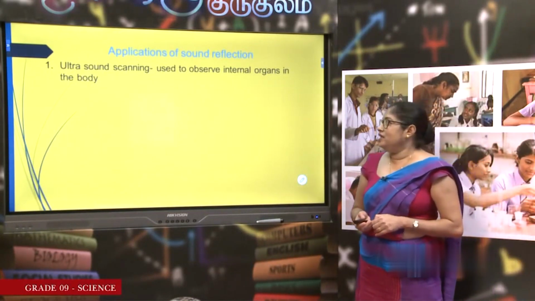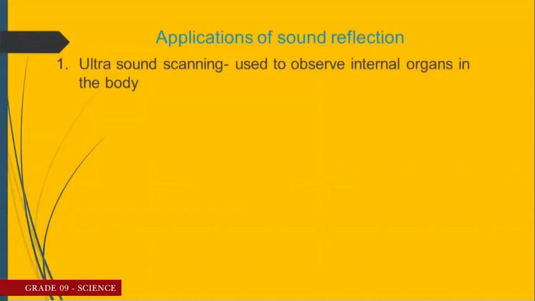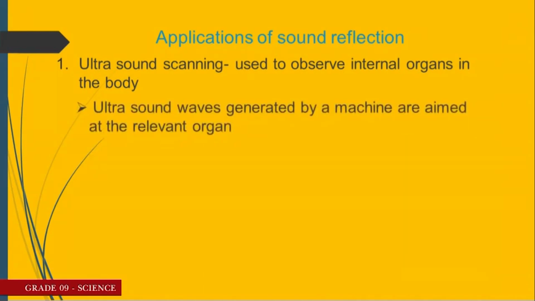Ultrasound scanning. This method is used to observe internal organs in the body. Ultrasound waves are generated by a machine and they are aimed at the relevant organ inside the body.